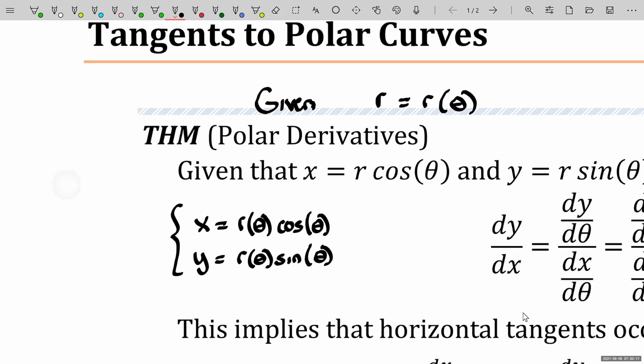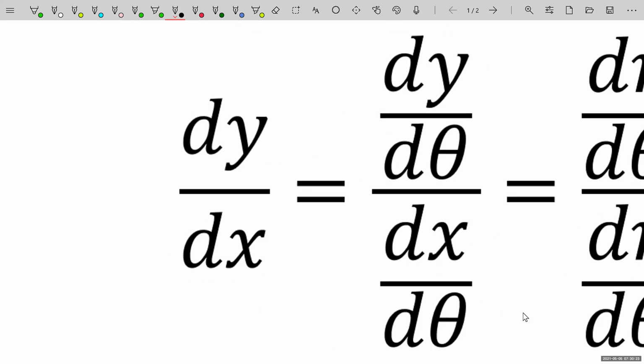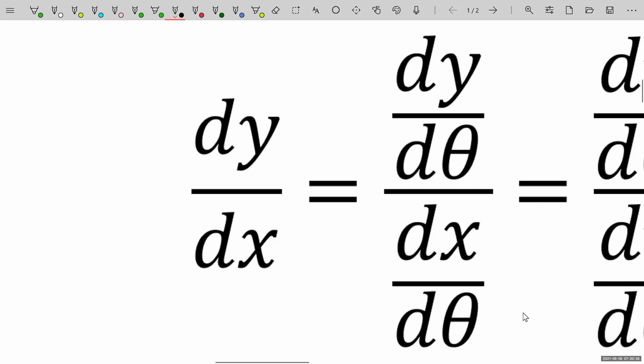We know from our previous work that if you want to find the derivative of y with respect to x, you would divide both numerator and denominator by d theta, dy d theta over dx d theta, and you do some magic.